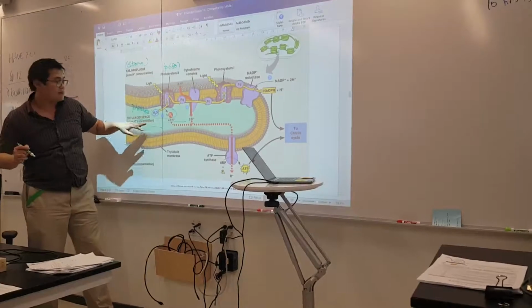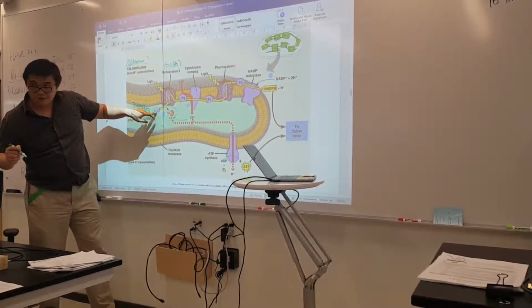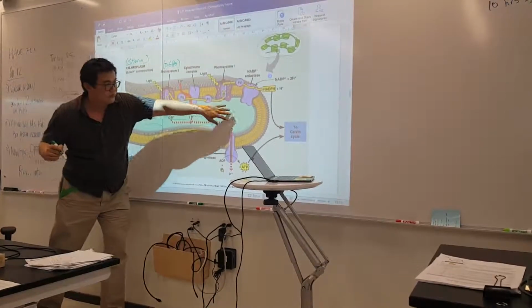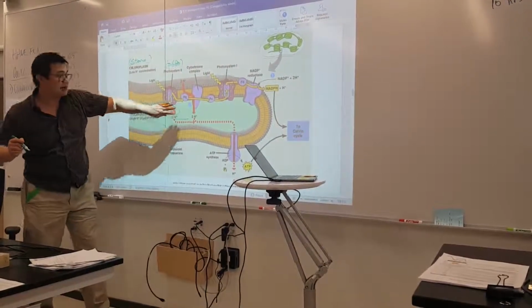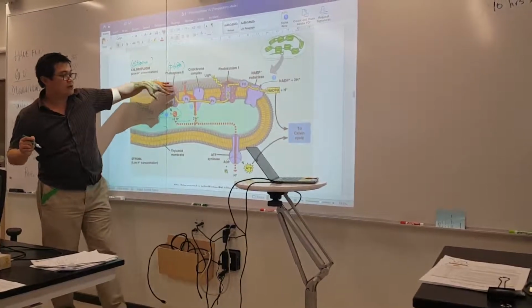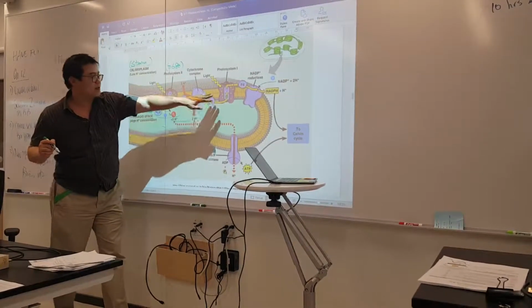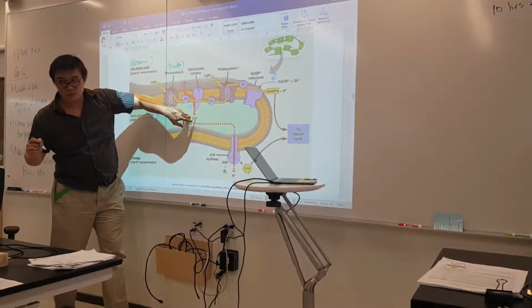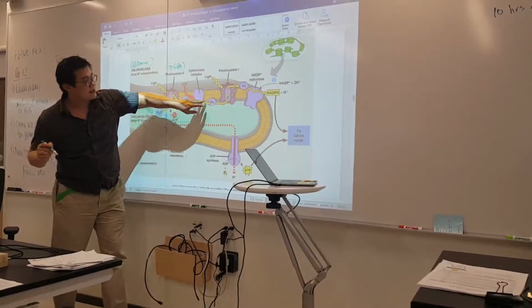Also at the same time, because of photolysis, now you have these extra protons floating in this thylakoid space also.